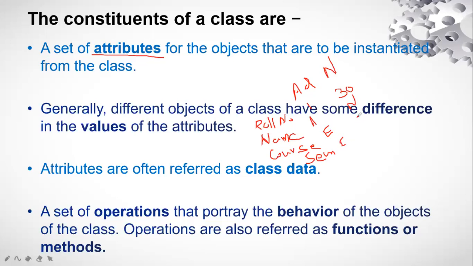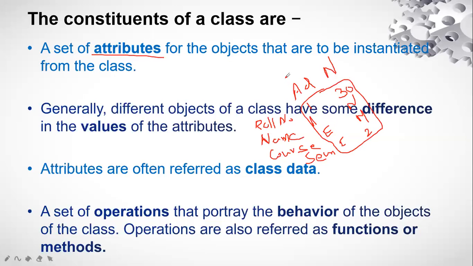Course is management. And semester is second. So what is this? The values. What are the values? The values are 1, 30, Aditya, Neha, engineering, management, first and second. These are the values of the properties.